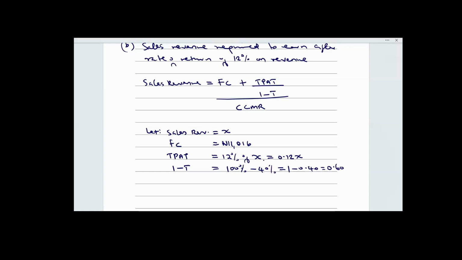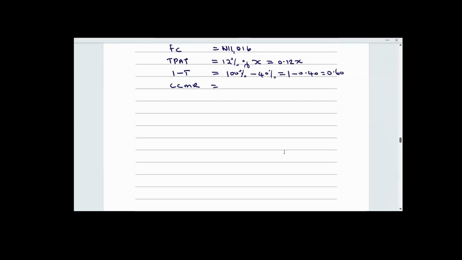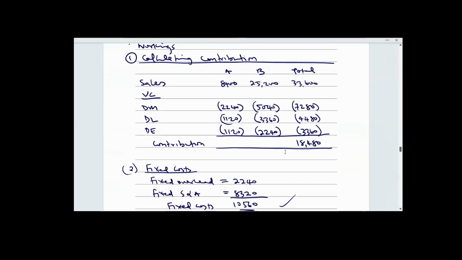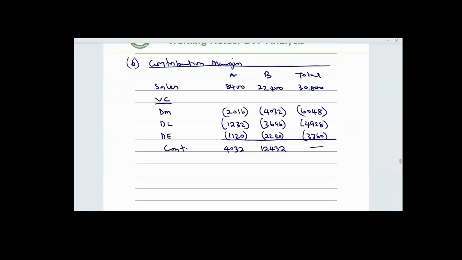Then my composite contribution margin ratio, I don't know it. I need to work it out. Before I can get it, I must first determine the contribution margin ratio for each product. Let's continue our workings. Since I've calculated the contribution margin for each product, let's say this is A, this is B. The contribution margin ratio would be A divided by B for each product.